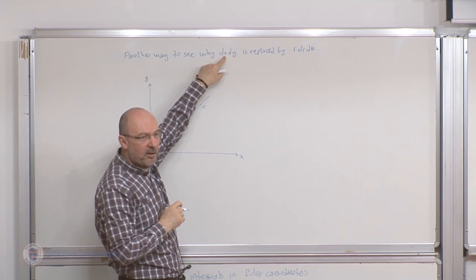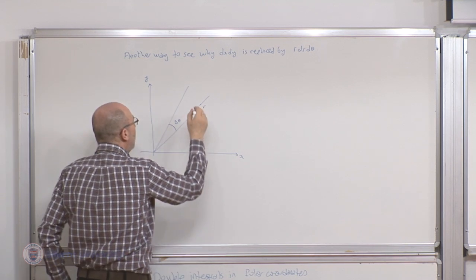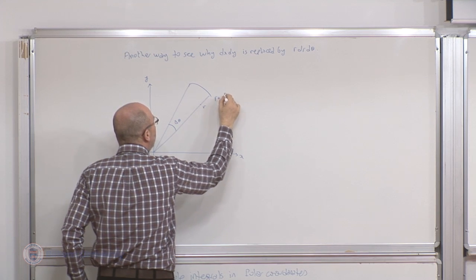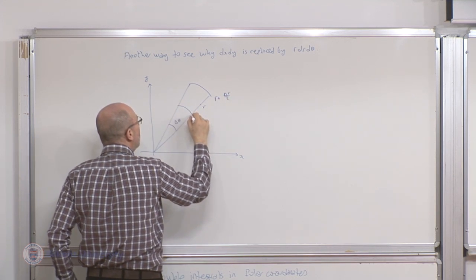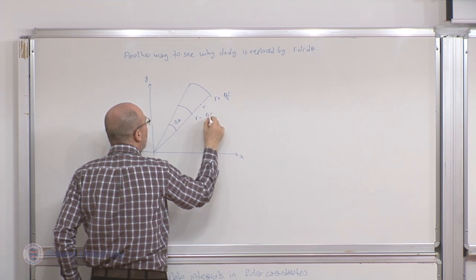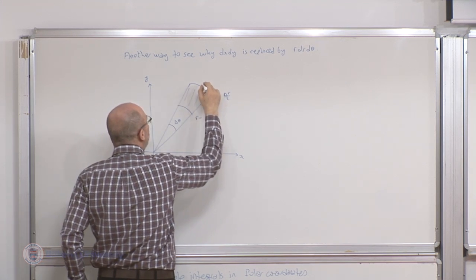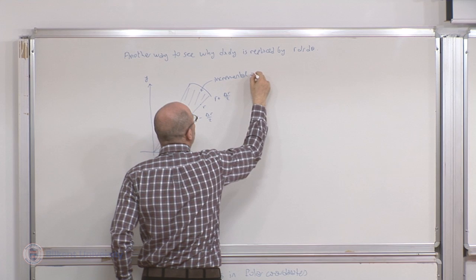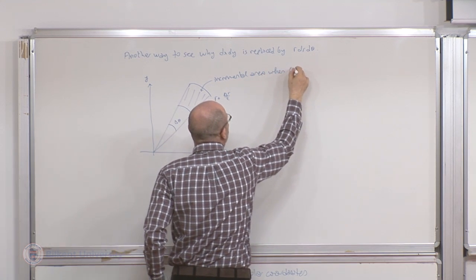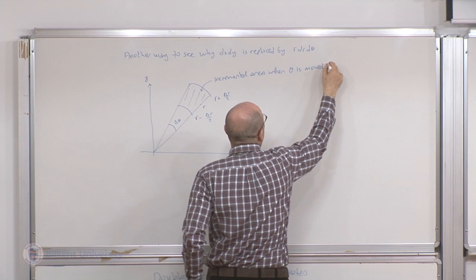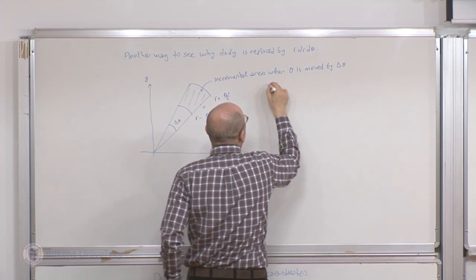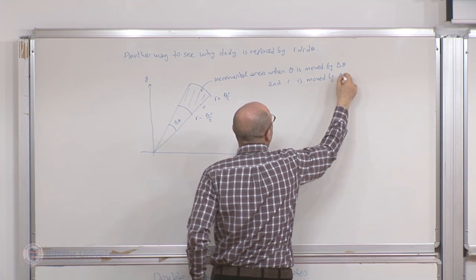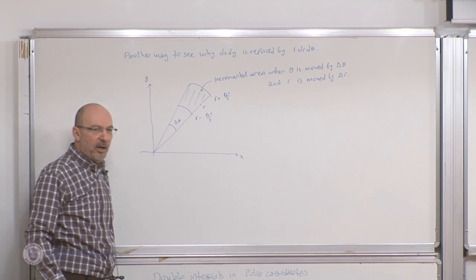So read this as delta x times delta y. Here what we cheat is we do this one. This is r plus delta r over 2, and here this is r minus delta r over 2. So this is the incremental area when theta is moved by delta theta and r is moved by delta r.